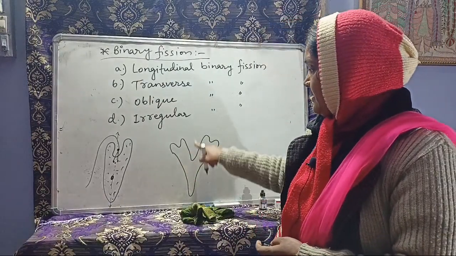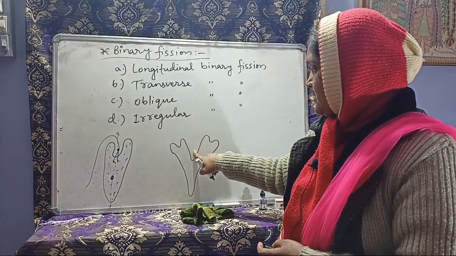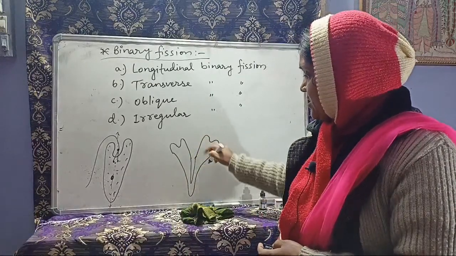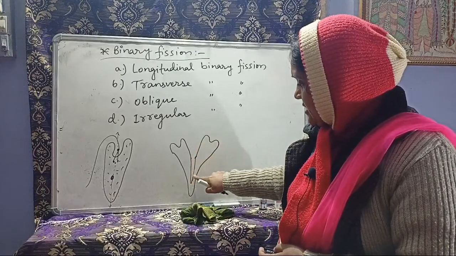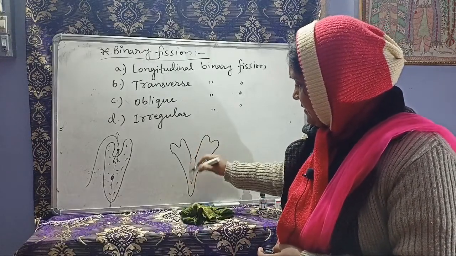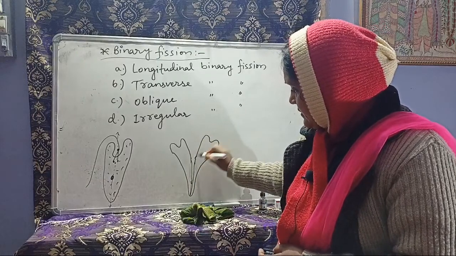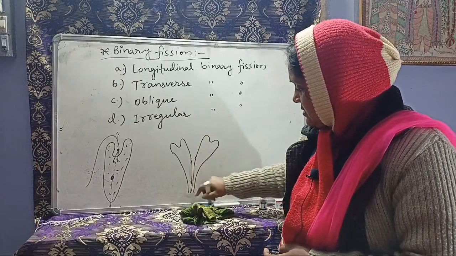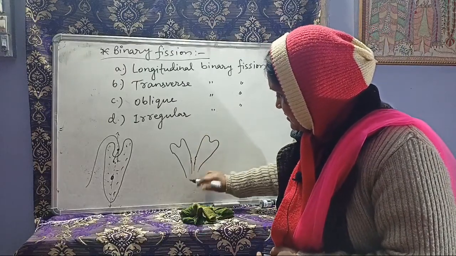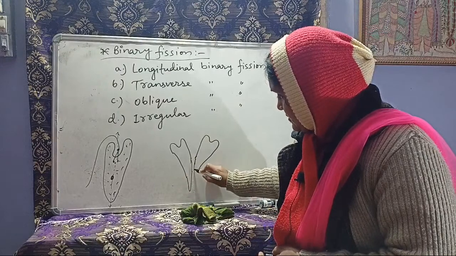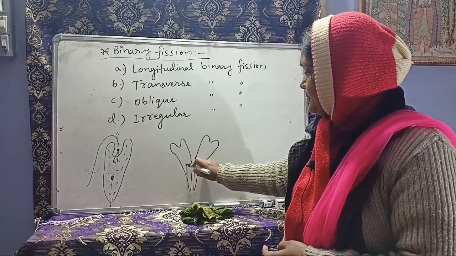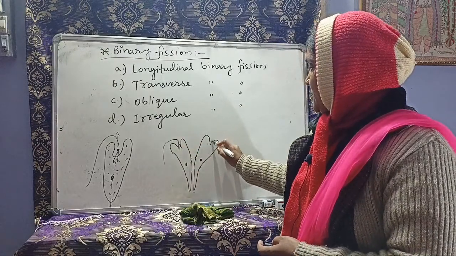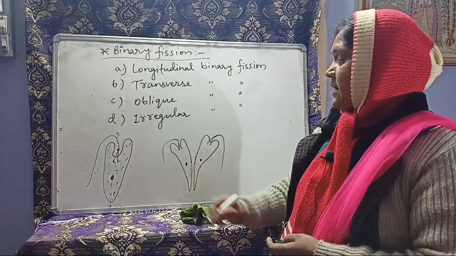In this manner, this is the longitudinal axis, and the cell invaginates in this direction, and finally two daughter Euglena are formed.